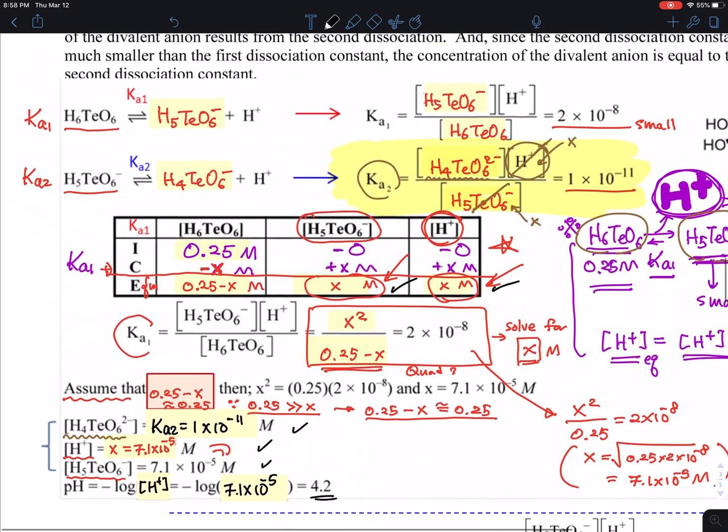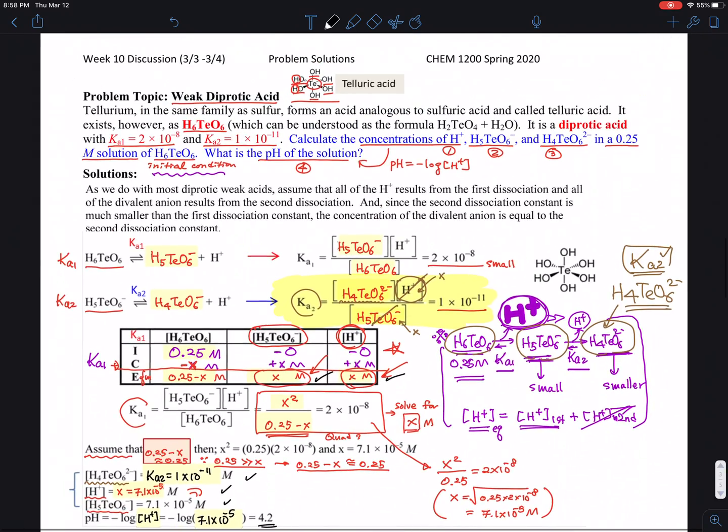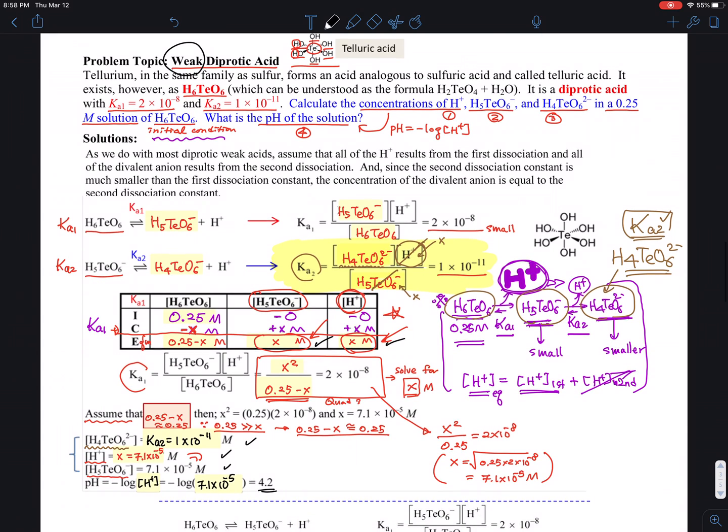Okay. So once again, this is a weak diprotic acid, meaning you can lose the first proton, you can lose the second proton, and weak means these values are very, very small. So the concentration of the conjugate base is very small compared to the original, and because of that, this approximation can happen.